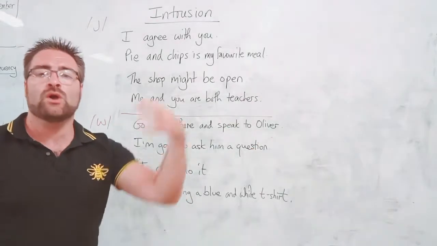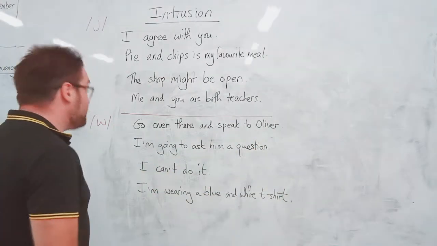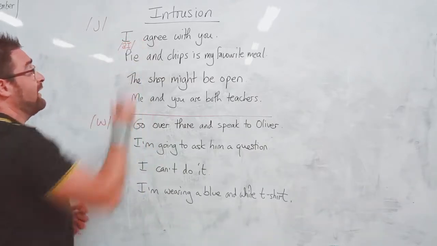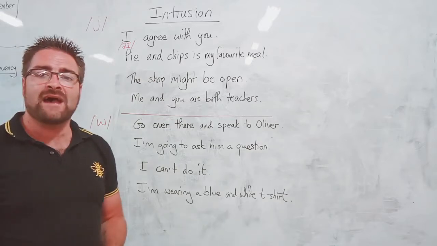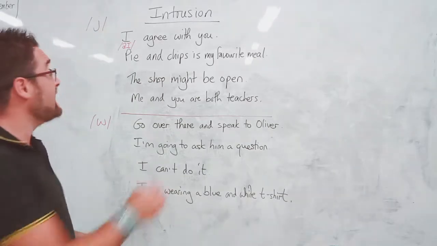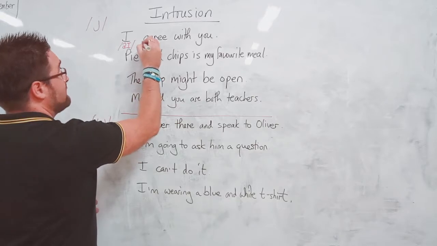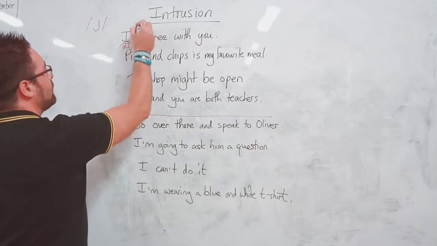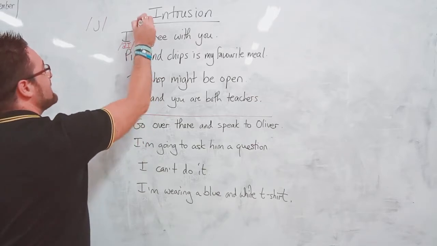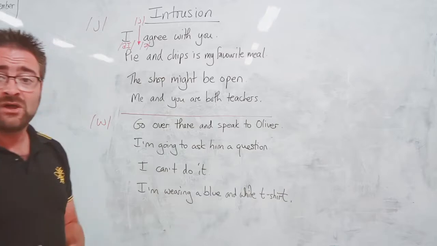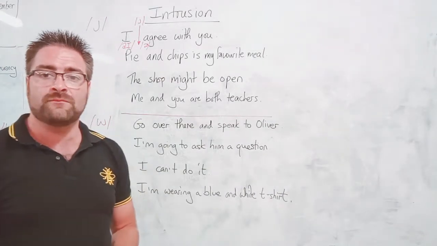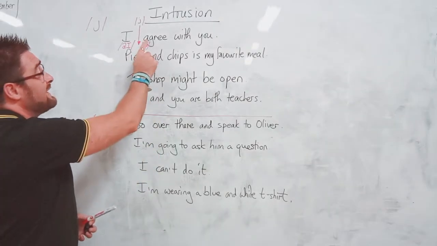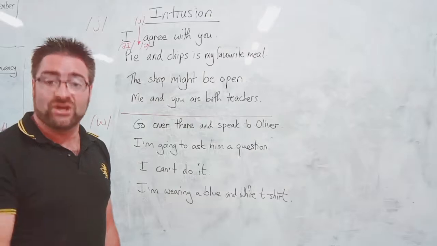However, after the sound I, if we have a vowel sound at the beginning of the next word, here the schwa, then an additional sound will jump into the middle of the sentence, and that is y. So I agree becomes I-y-agree, and y almost becomes the beginning of this word.